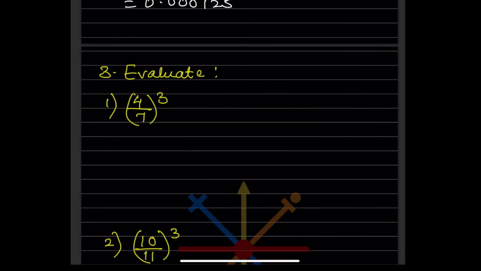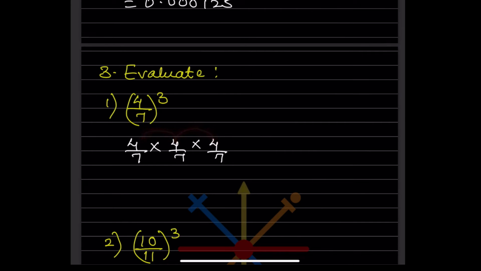Now here, evaluate. This is in fraction. Whenever we have this 3 here, it applies to the numerator as well as the denominator. So we can also write this as 4 by 7 into 4 by 7 into 4 by 7. You're going to multiply this.